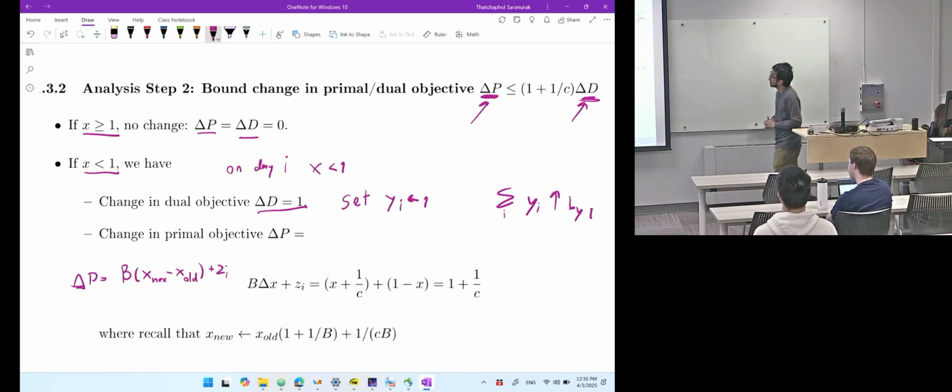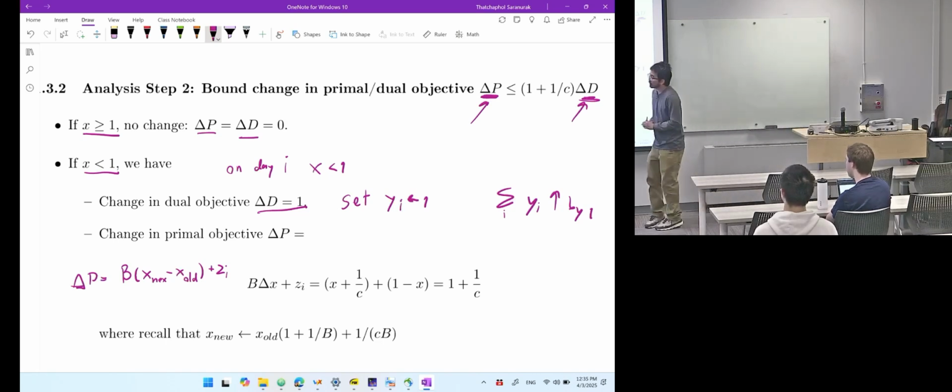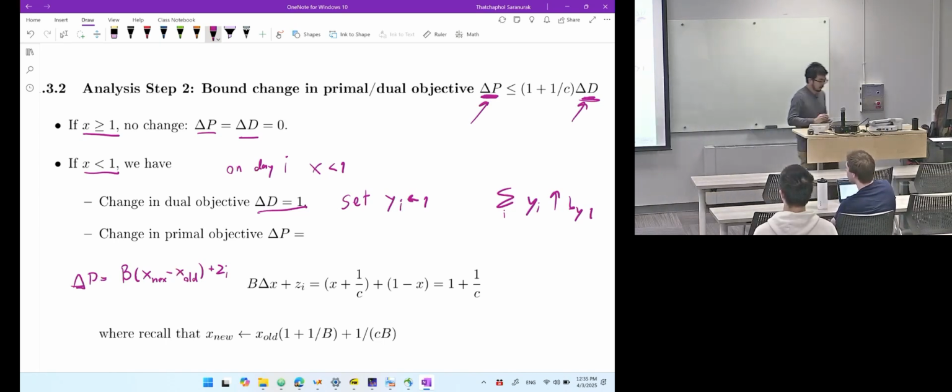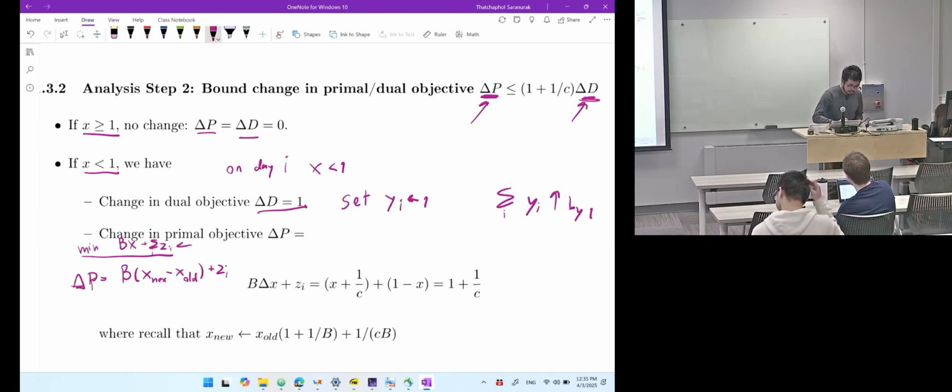Because the objective is we want to minimize x plus the sum of ci. This is the objective. And on day i, how does this increase?